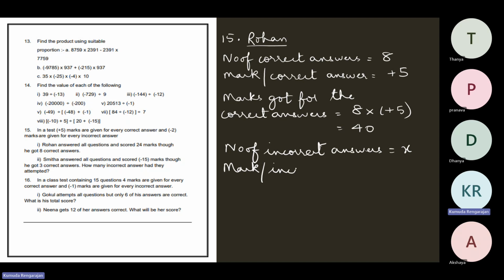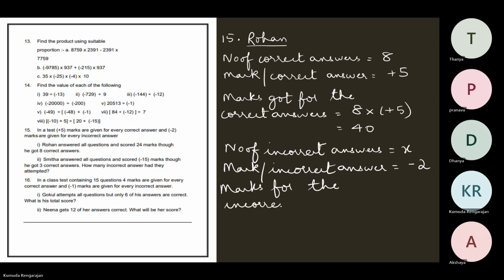So mark per incorrect answer is equal to minus 2. So marks for the incorrect answers will be X into minus 2. That is minus 2X.